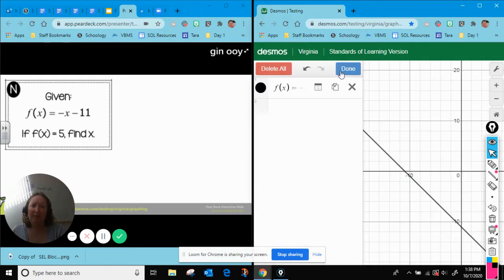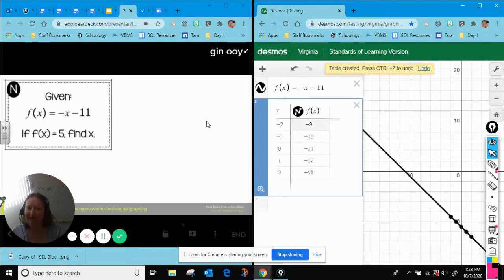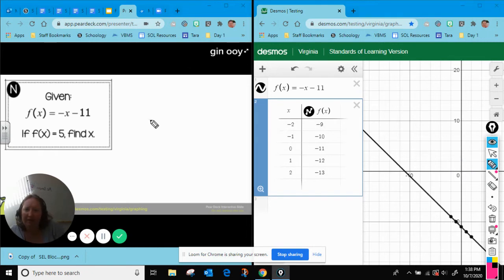When you come up here to the cogwheel and you click on the table, notice you cannot put in y values. And look at what they've given you. They have given you a y value here because hopefully you recall that f(x) is equal to y.